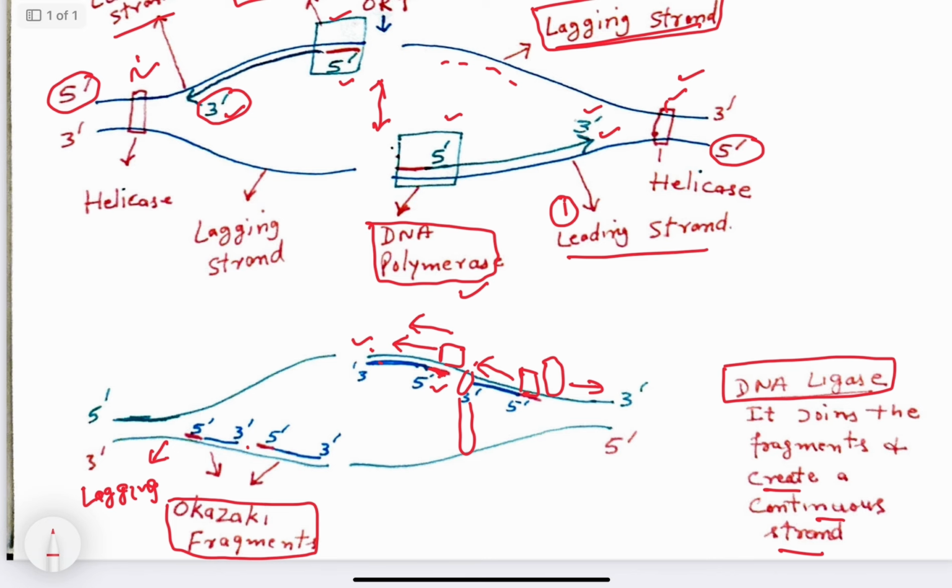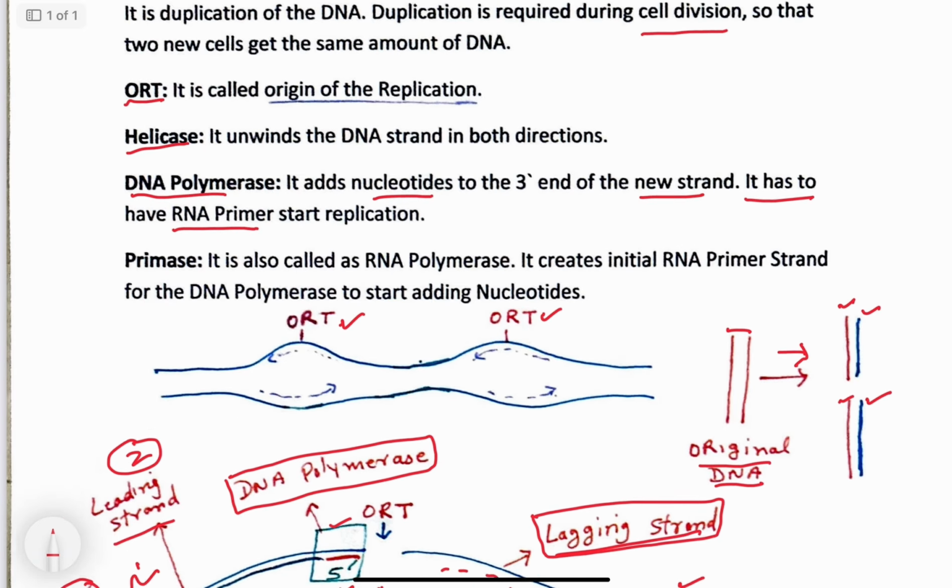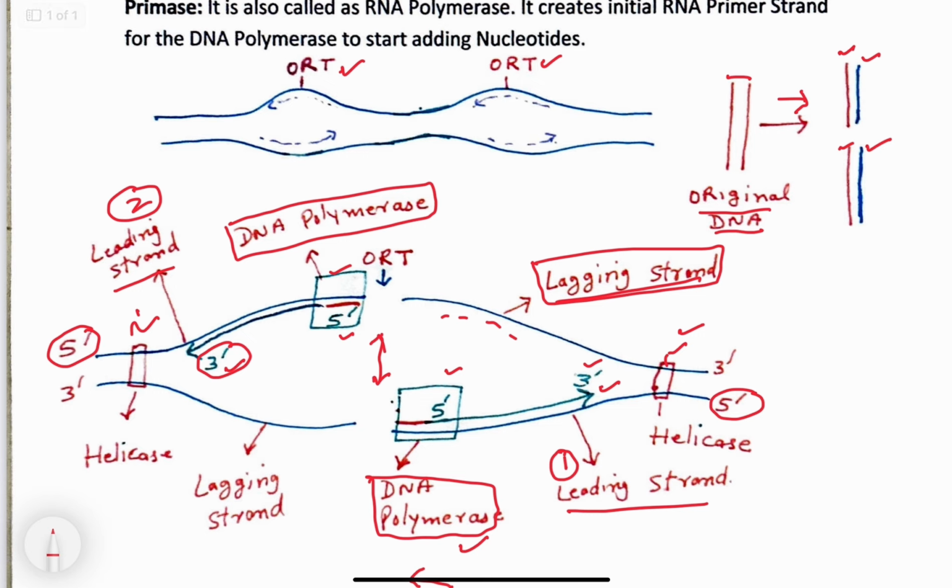So just to recap, there are two strands when helicase unwinds the DNA in both directions. Helicase right here. There are two strands, leading strand and lagging strand.